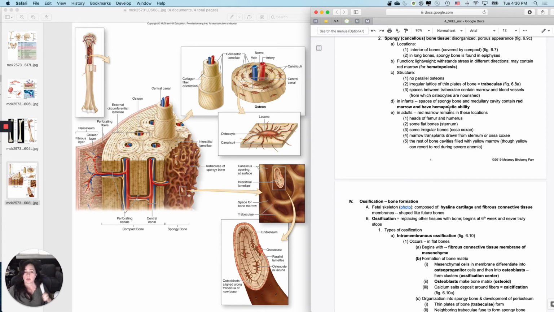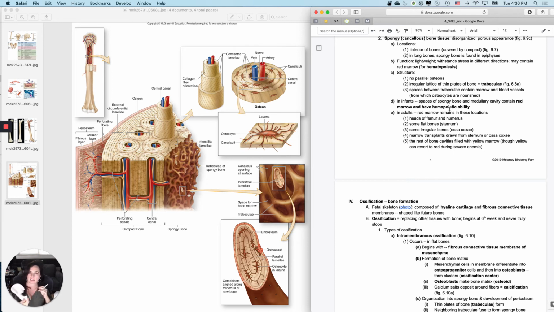So you have red bone marrow left behind in the heads of your femur and the heads of your humerus. You also have it in some of your flat bones, like your sternum, and some of your irregular bones, your ossa coxae, these hip bones, these crazy looking things. You have red bone marrow left behind in there in an adult.